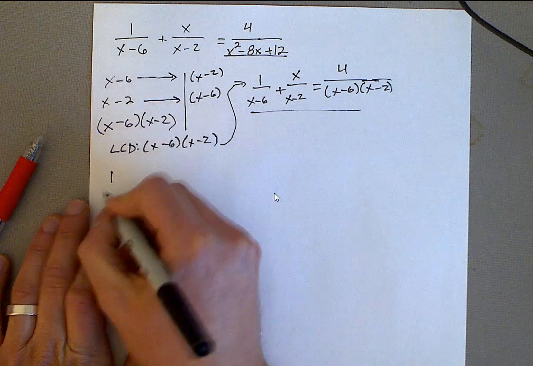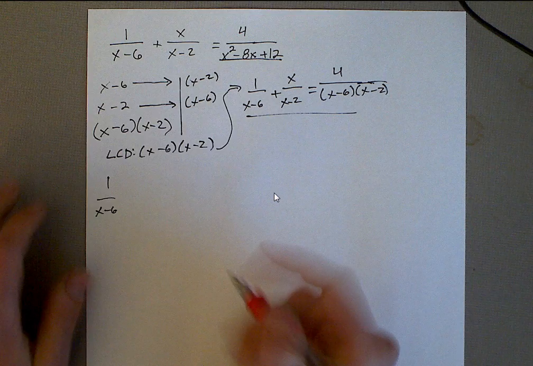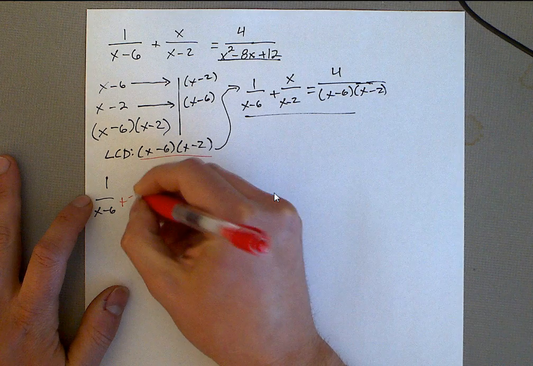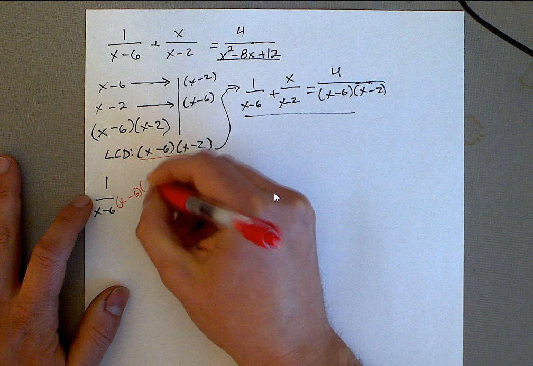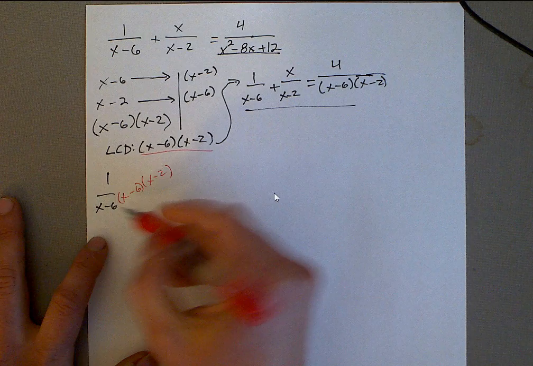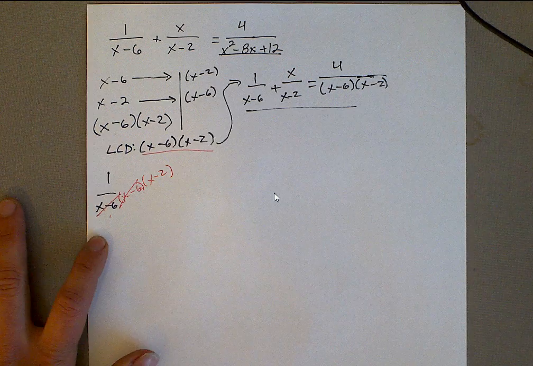We're going to do 1 over x minus 6, and we're going to multiply that by the least common denominator. So that's x minus 6, x minus 2. Since the x minus 6 are in common, we'll cancel those out.